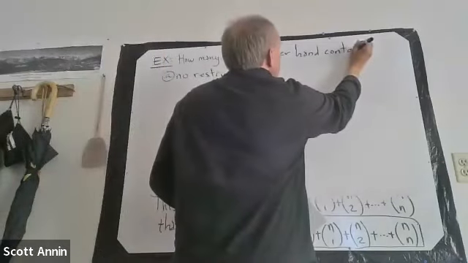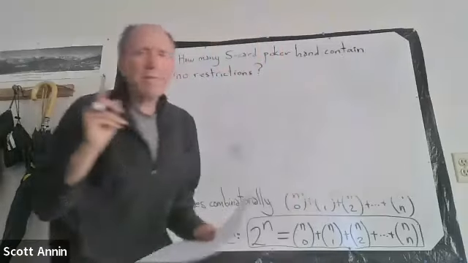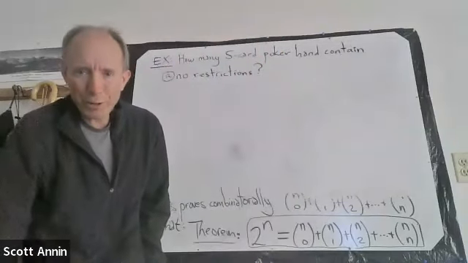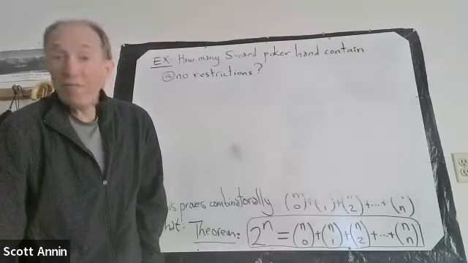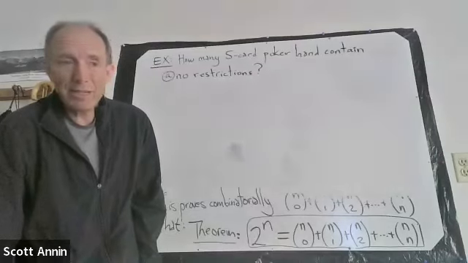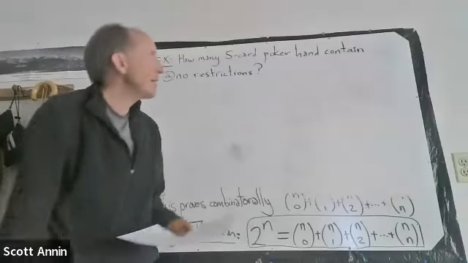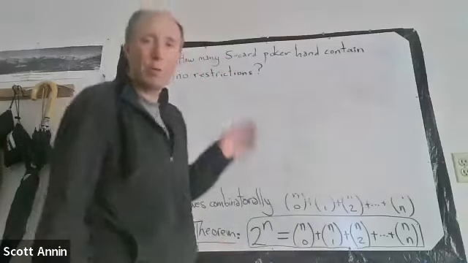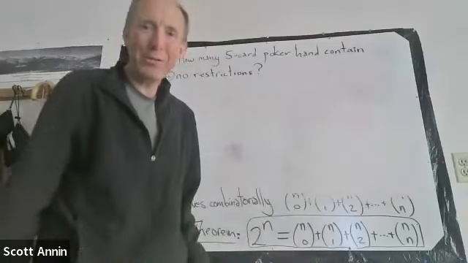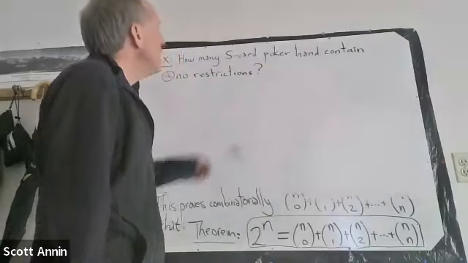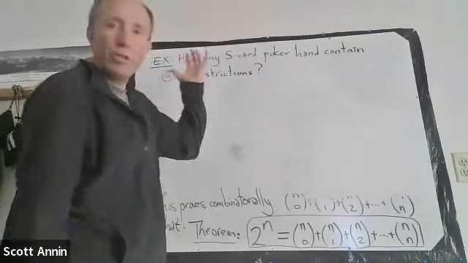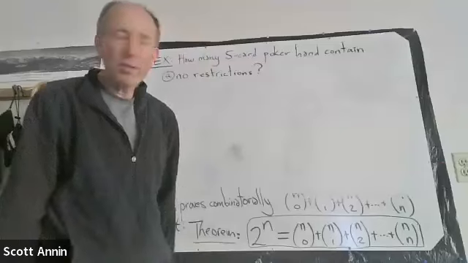Well, we do have to remember that a full deck of cards is 52 cards, right? There's 4 suits, 13 types within each suit. So that's 52 cards in a regular poker deck. I hope everybody knows that as a standard fact. And what are we doing here, guys? We are simply choosing 5 of them. There's no restrictions.